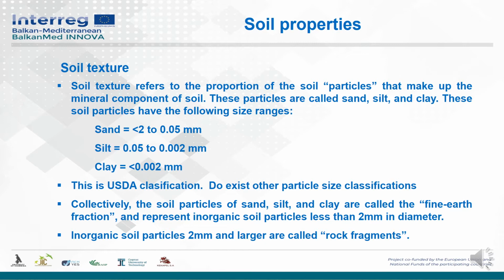This classification of the soil based on the particles is according to the United States Department of Agriculture classification. From the other side, other particle size classifications do exist, but the logic is the same. The only thing that changes is the range or the size of the soil particles.